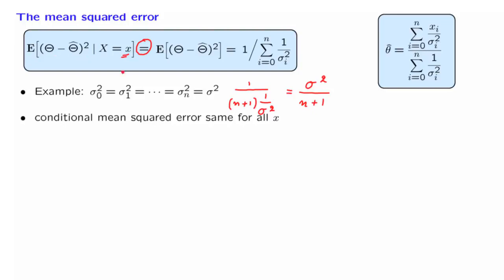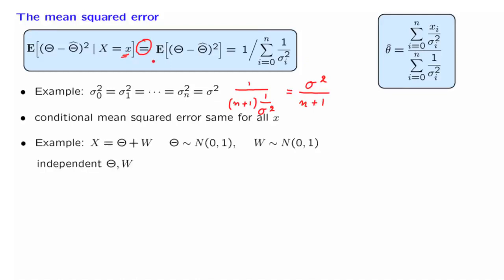In some sense, it tells us that no particular value of x is more informative or more desirable than any other value. In order to really appreciate what that statement is saying, it's better to look at a very concrete example. So let us revisit the very first example that we studied, in which we only have one observation, and where theta and w are standard normal random variables.